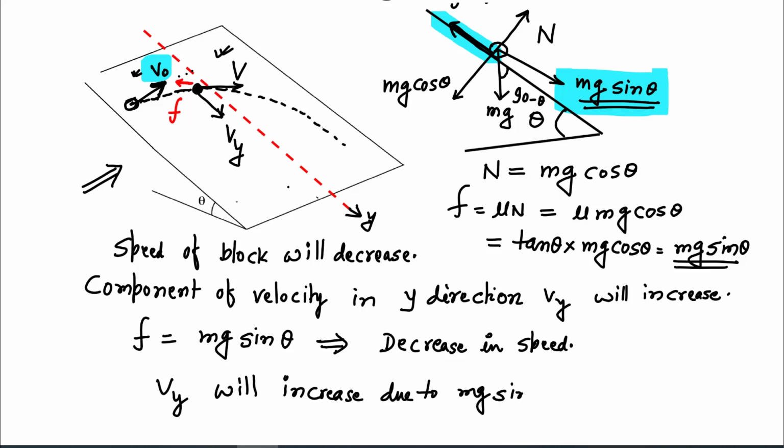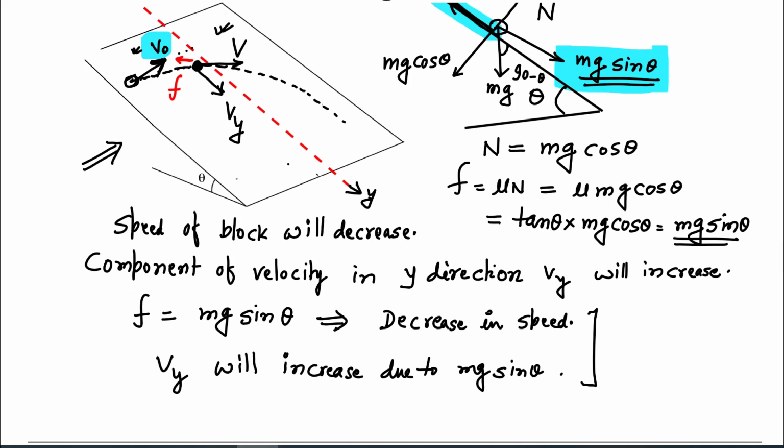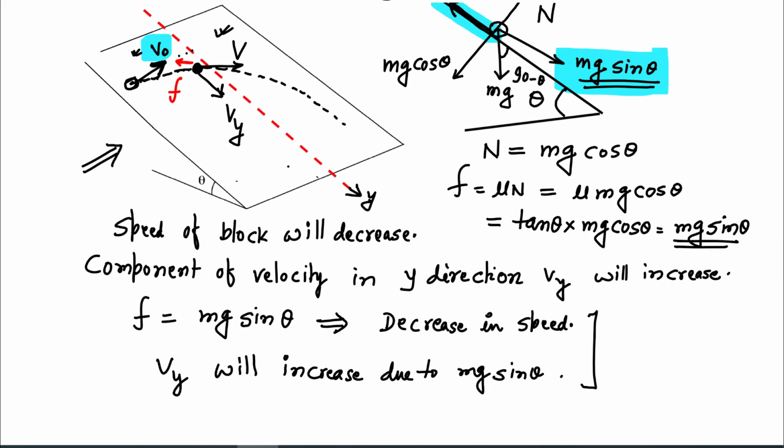So this is very important here. Now see, the force that is trying to increase the speed, the component of the total velocity in the y direction, that is v_y, is mg sin theta. And the force that is trying to reduce this velocity is also mg sin theta.